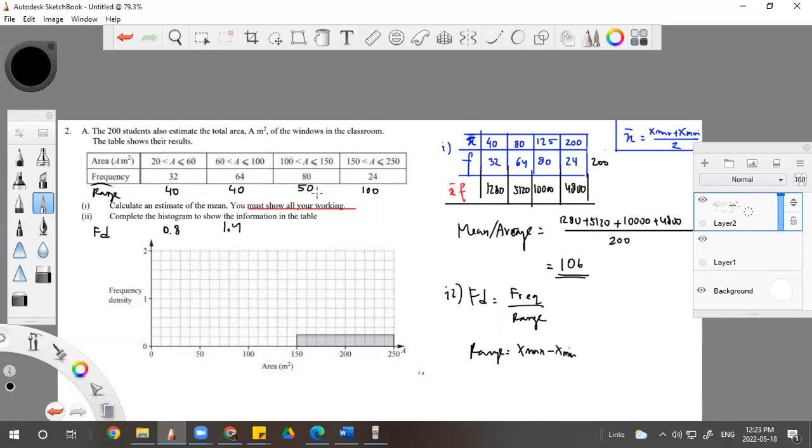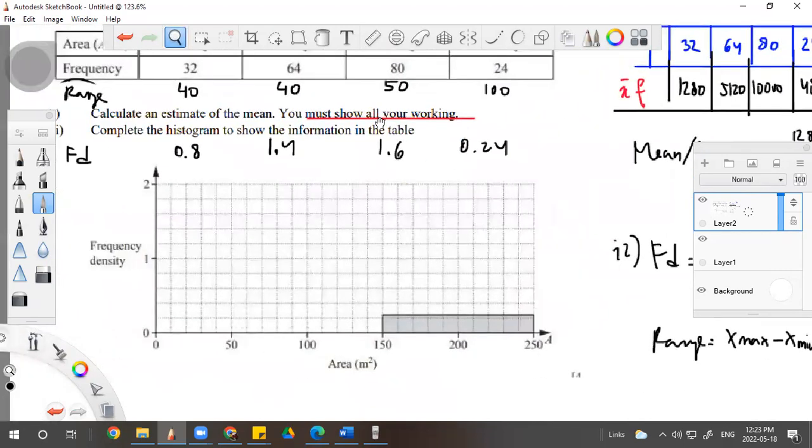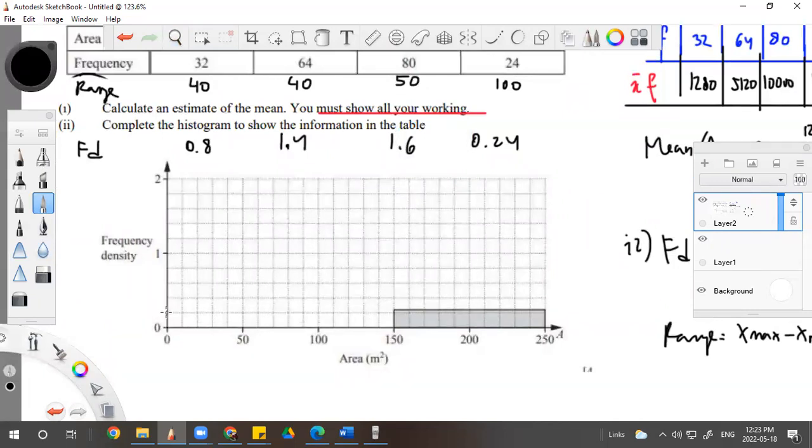And then 80 divided by 50, 8 by 5, 1.6. 24 by 100, 0.24. Oh, there's already 0.24, you see. So 0.0, and then 5 bars, each one, so each bar range is 0.2, okay?